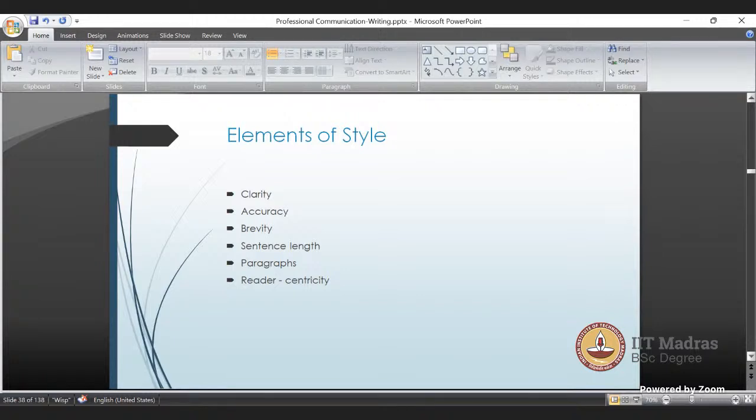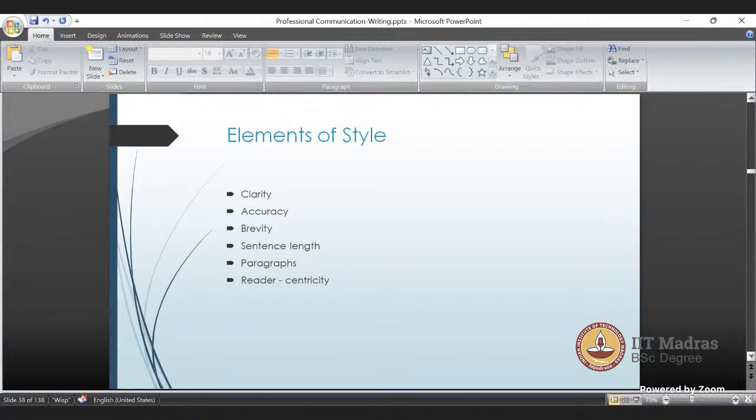The first 3, clarity, accuracy, and brevity, are impressions that come out of a good piece of writing. If you've written a letter, a report, or an essay, people are going to value it for clarity, accuracy, and brevity. So these are the outcomes of a well-written piece of writing.